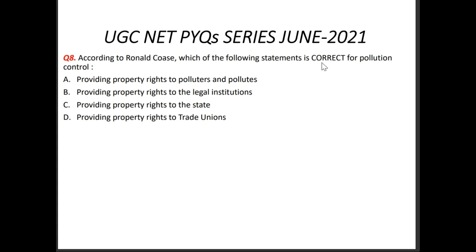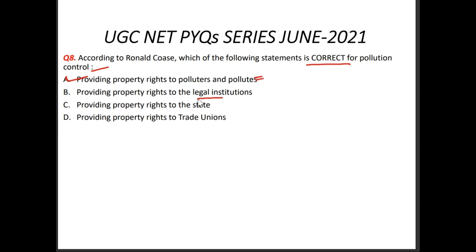According to Ronald Coase, which of the following statements is correct for pollution control? Providing property rights to the polluters and pollutees. Yes, according to Coase theorem, this is the right answer.